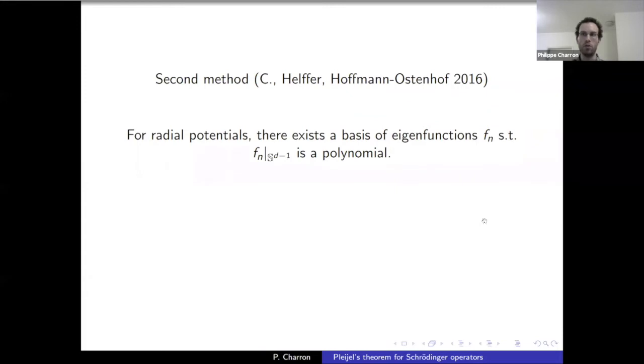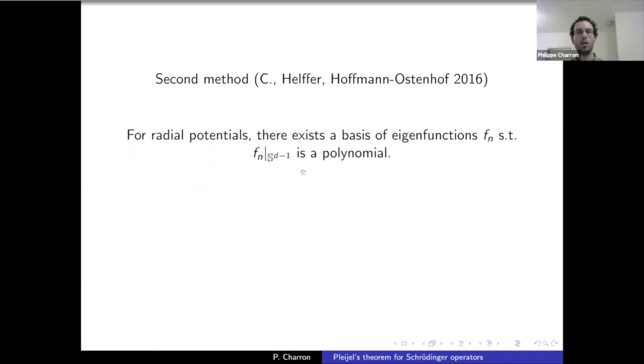The second method was basically an extension of the first method, and the idea is that you have V, which is radial, but V is not specified like the quantum harmonic oscillator. V is radial, but we give it some growth conditions at infinity.